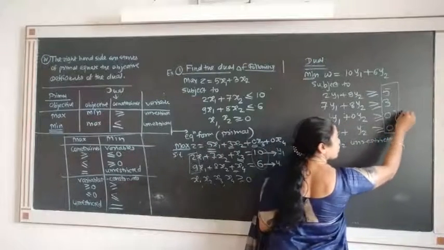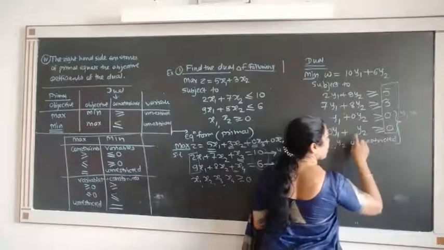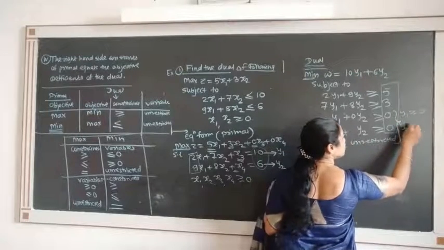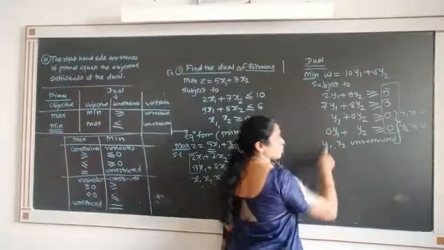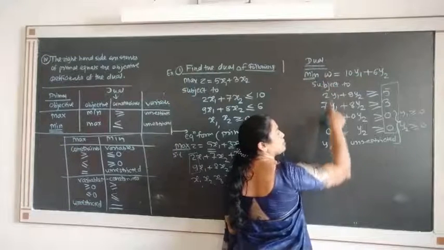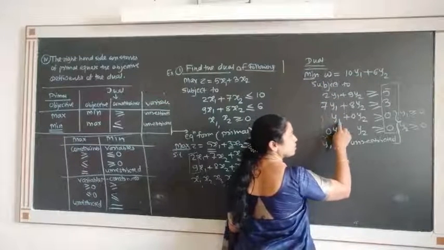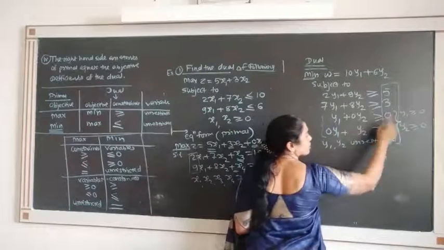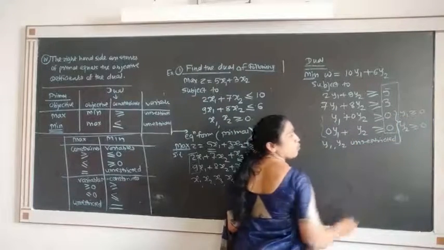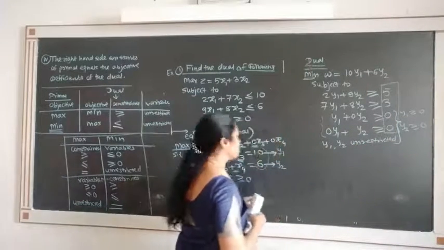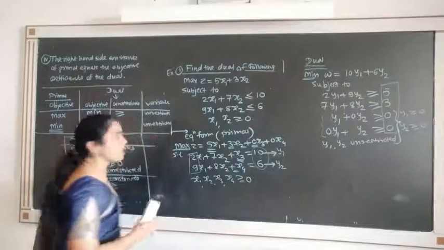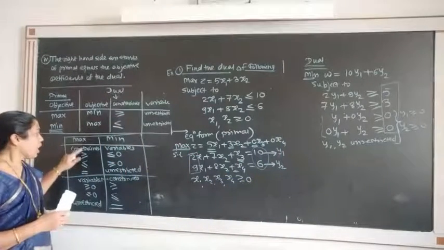y1 is greater than or equal to 0. Here y2 is greater than or equal to 0. So what we get? Minimize these two constraints. This is known as y1 is greater than or equal to 0, and this is y2 is greater than or equal to 0. So if you observe this table, see the table.